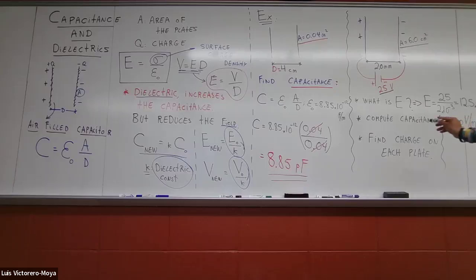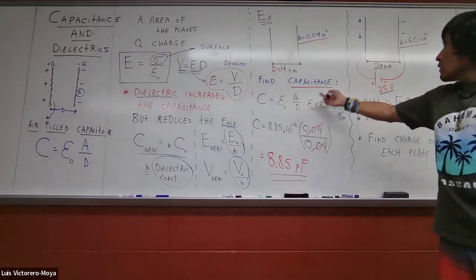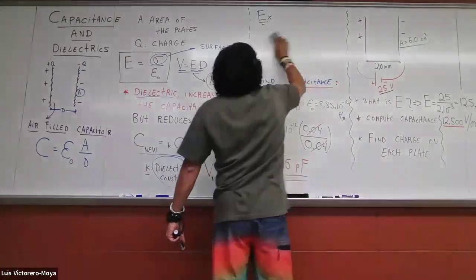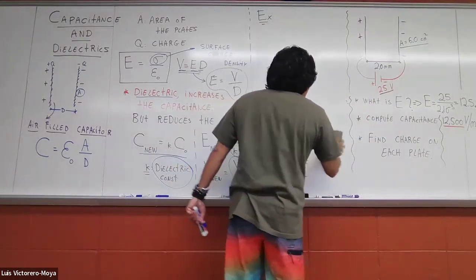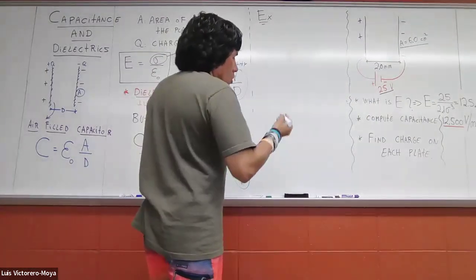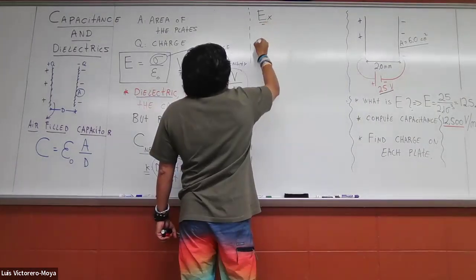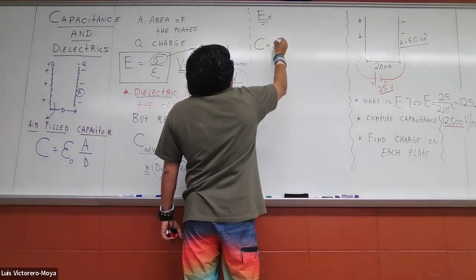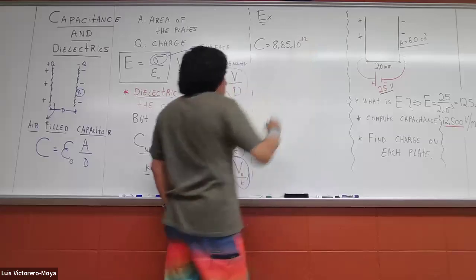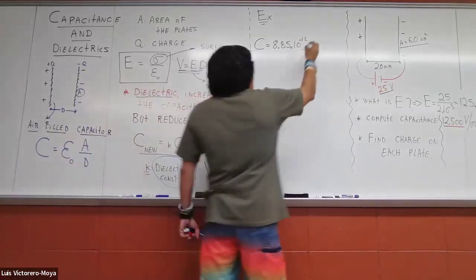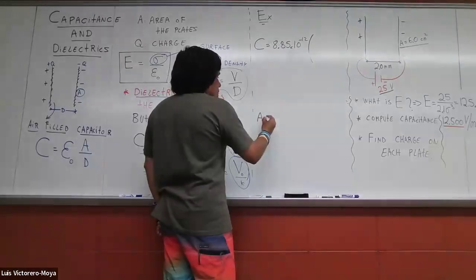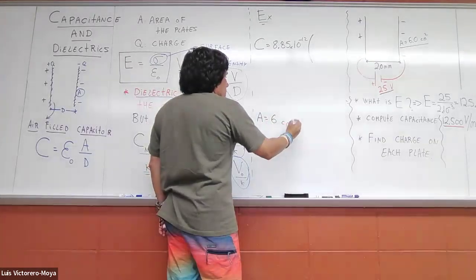Now we have to find the capacitance. Just like this, I have the area, I have the distance. So we just have to find the capacitance. So the capacitance is E naught, that's E naught, parenthesis, area. Okay, so the area is 6 centimeters squared.